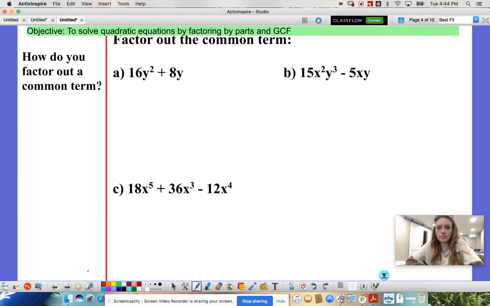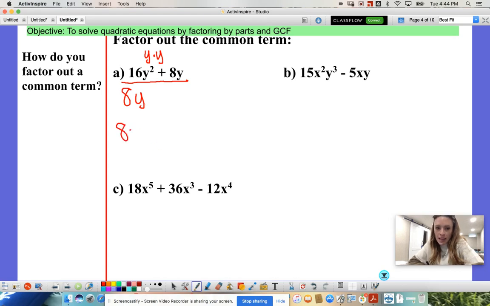Okay, so factor the common term out. We're going to do these together, and then we have some practice after this. So what can I factor out of 16 and 8? 16 and 8 have the greatest common factor of 8. So we're going to divide this whole thing by 8 for sure. And then we have 1y here and 2y's here, right? This really just means y times y. And so we can definitely divide both things by 8y.